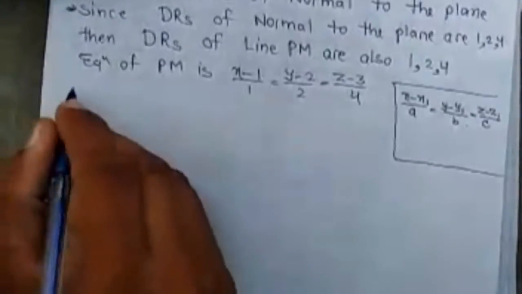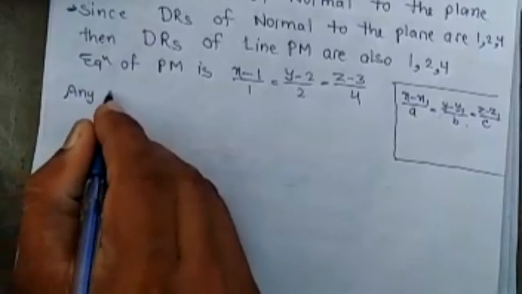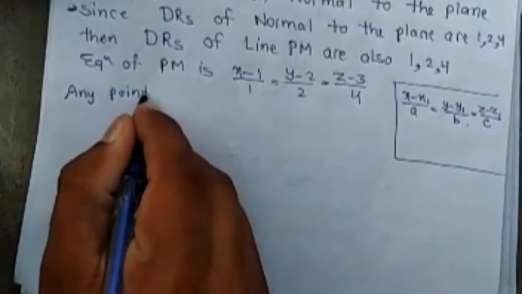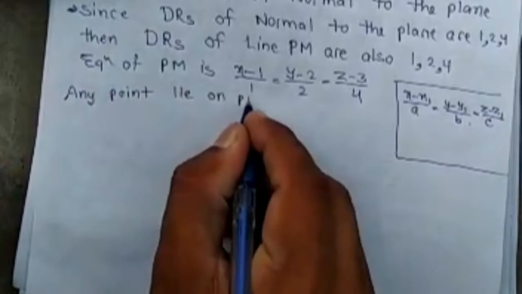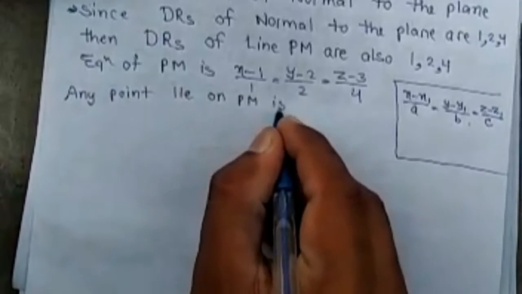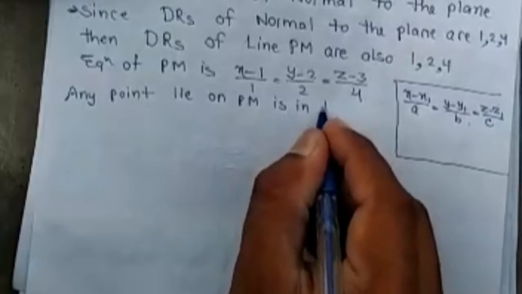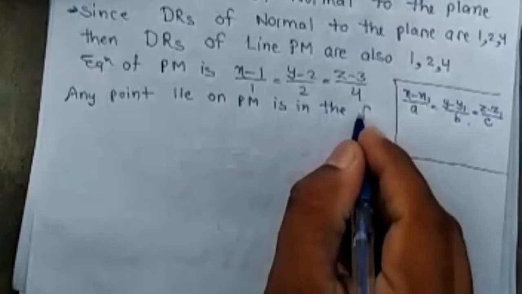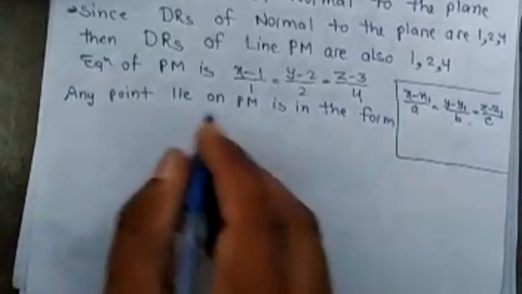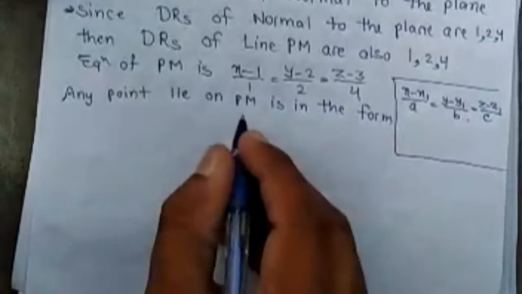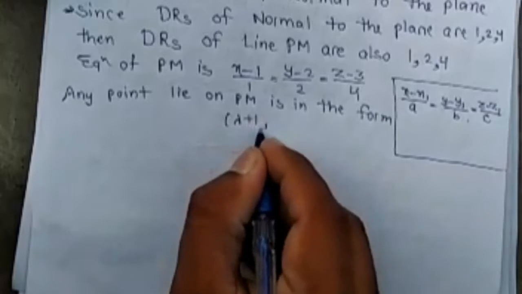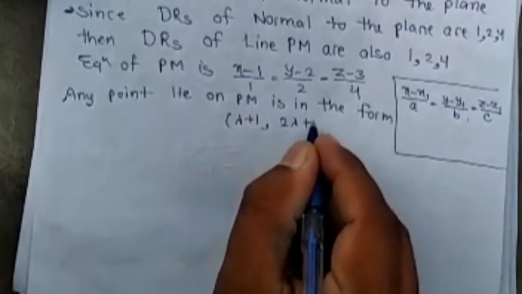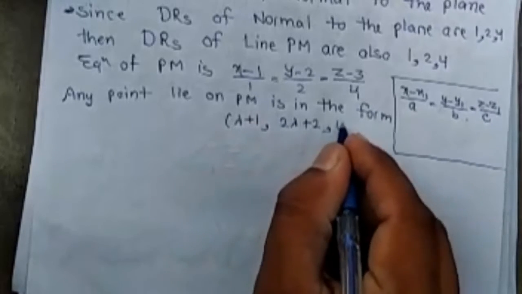Any point lying on PM is in the form (lambda plus 1, 2 lambda plus 2, 4 lambda plus 3).